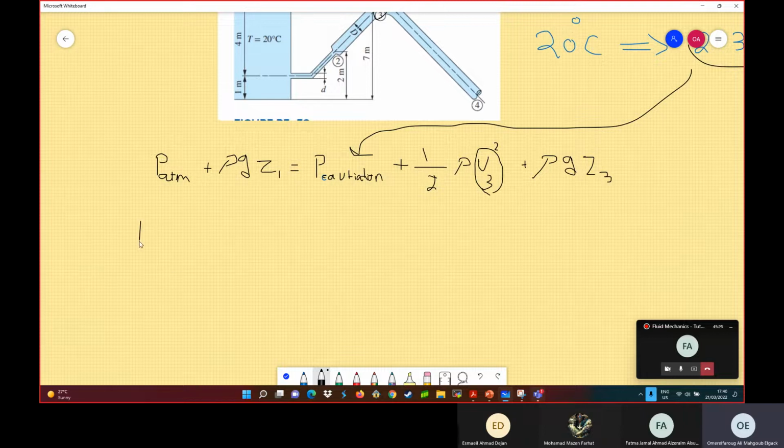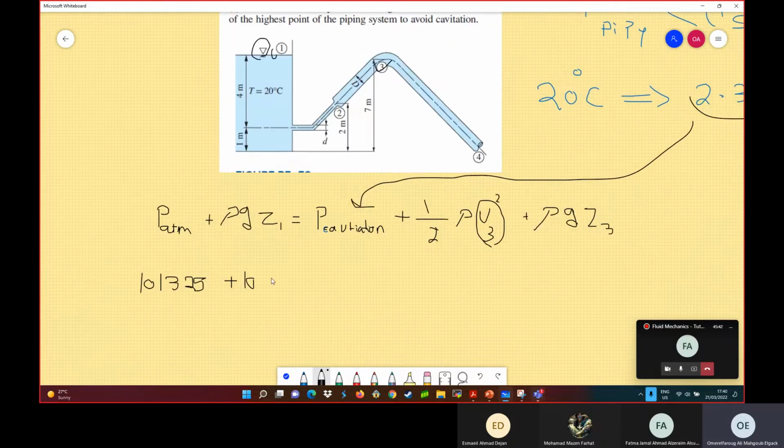So here I have the atmospheric pressure, 101.325, plus the density of water, it's water, yes. The density of water is approximately 1000 multiplied by the gravitational acceleration 9.81.